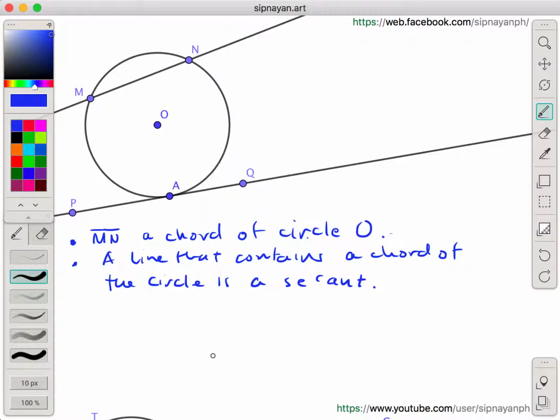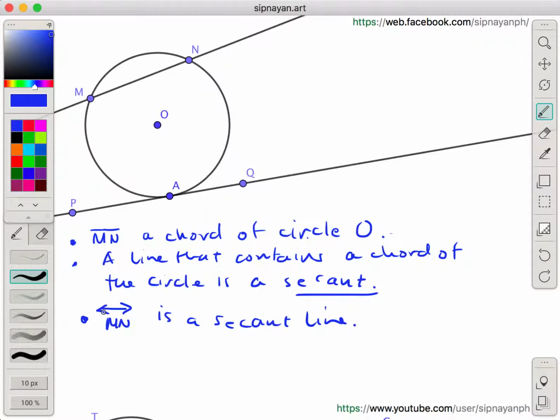That is the pronunciation: secant. So we can say that line MN is actually a secant line. Okay? So what is the difference between these symbols, the bar and the two arrows?